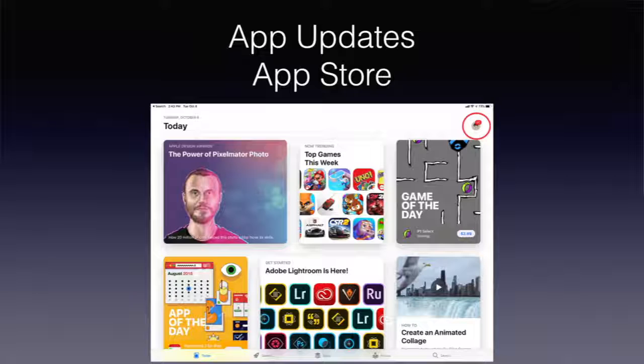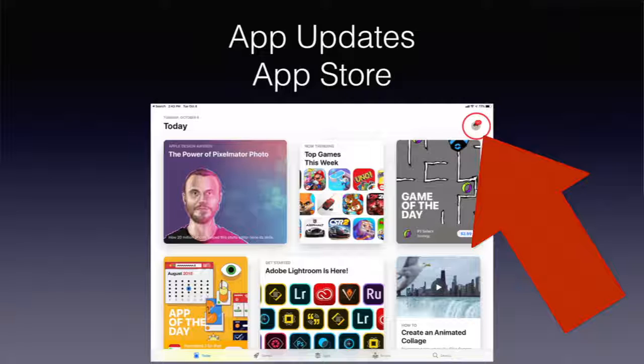Okay, the App Store has made some changes. What used to be visible from the bottom were all your purchases and updates. They added the Arcade store instead of that, and they moved updates and purchases underneath your icon.